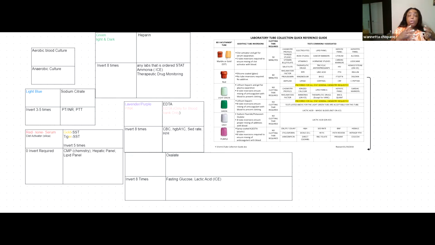Is it bleeding? Is it too thin? Is it not bleeding enough because it's clotted? It's measuring the person's bleeding time of their blood. That's what PT/INR and PTT is, okay?